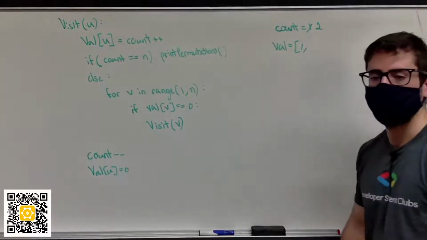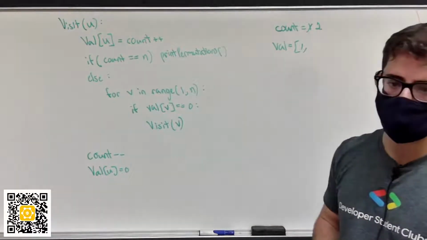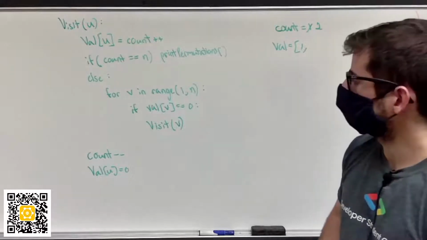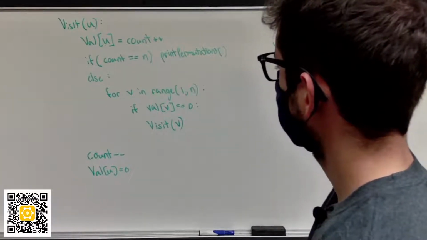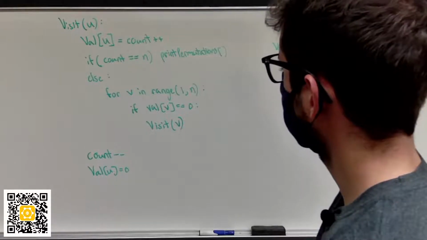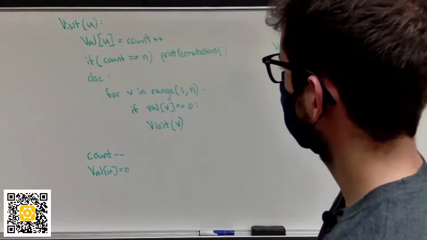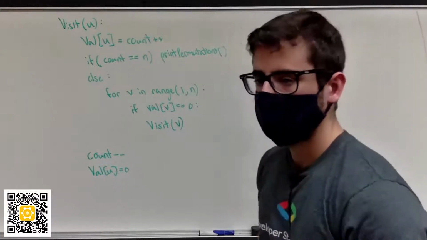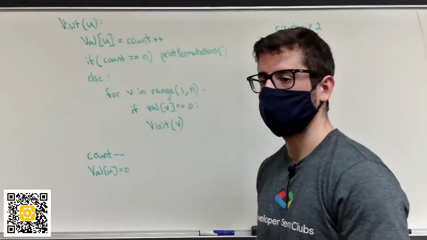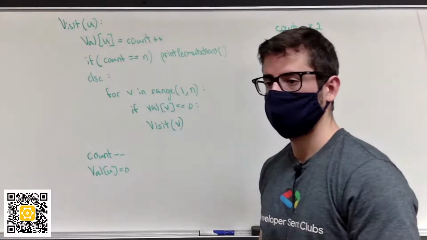I think there's an error here, correct me if I'm wrong, because if we go with one-based indices, let's say we're permuting 6. At 5, when it stores 5, count will be 6, and then when it reaches the if condition, it's going to print without ever having stored the 6th place inside the val array.